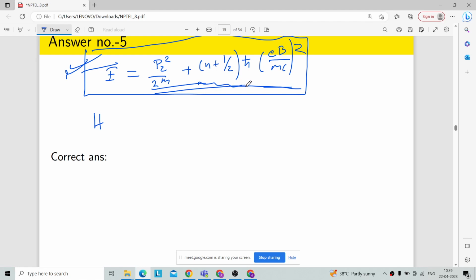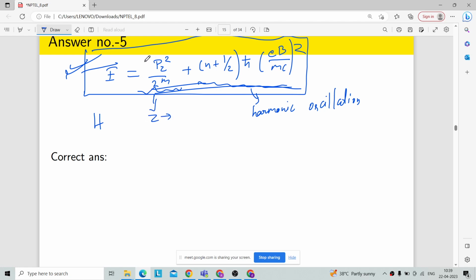This part represents the harmonic oscillator part, and this is simply a momentum in z direction, right?